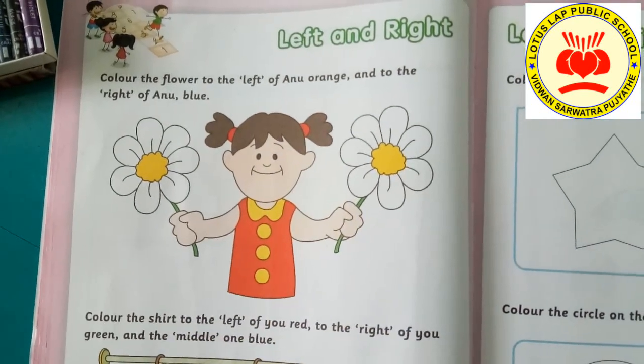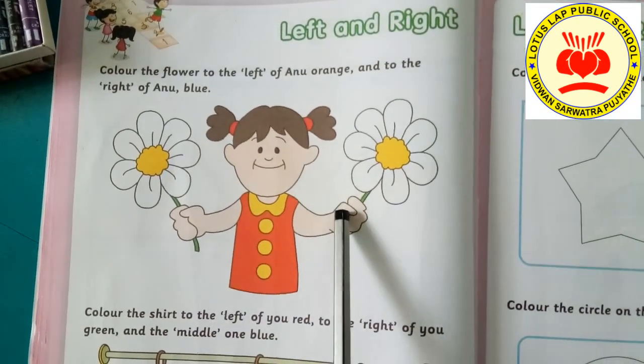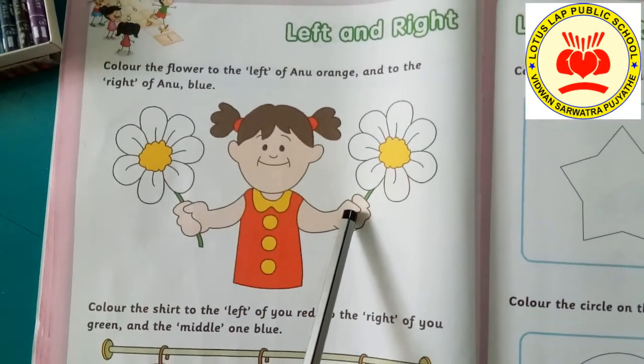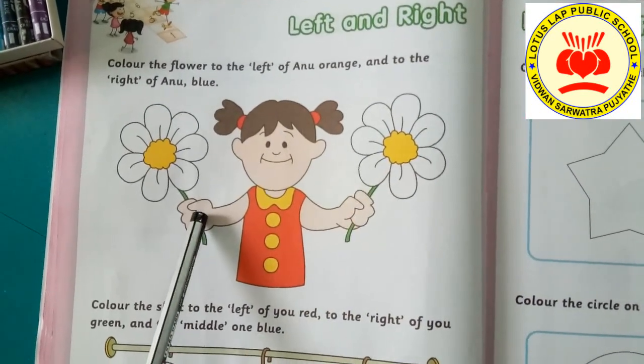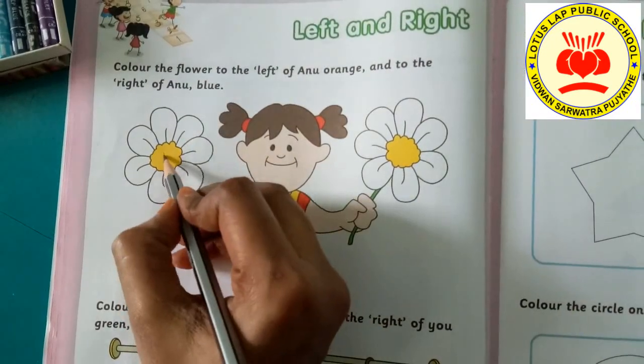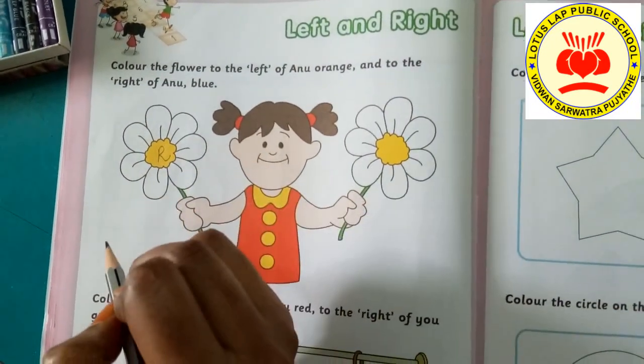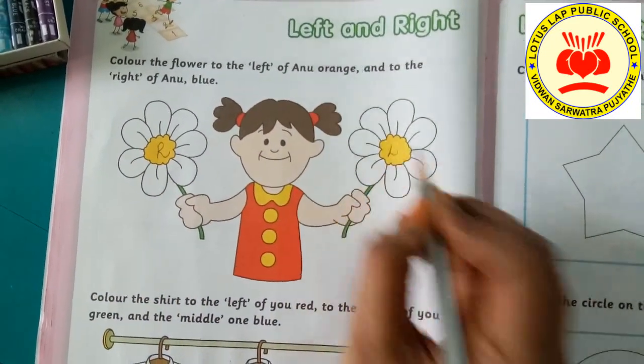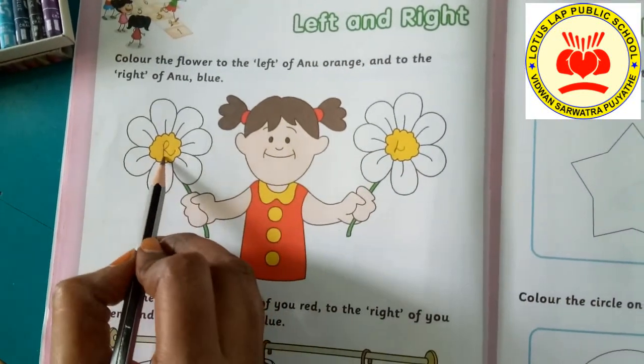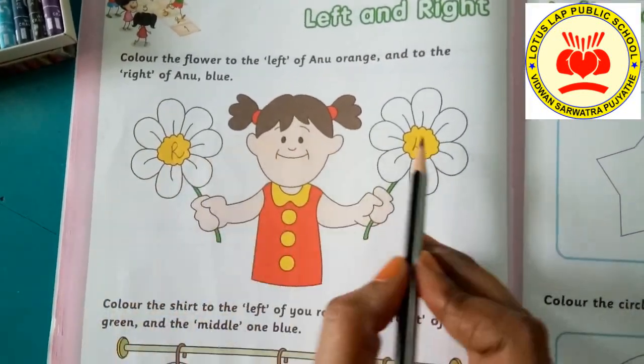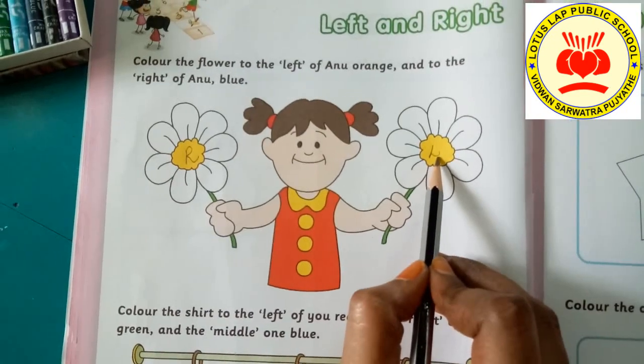Left of Anu means this is Anu's left hand and this is Anu's right hand. Right hand, left hand. R stands for right, L stands for left.